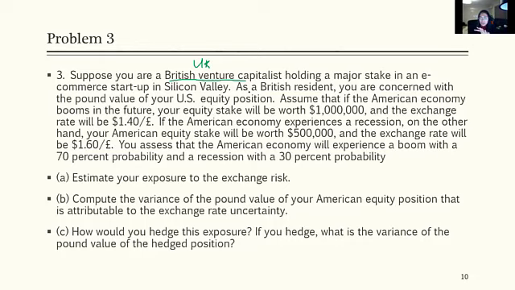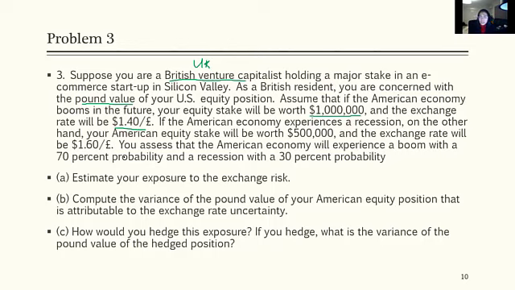So as a British resident, you're concerned with the pound value of your investment in the US. Assume that if the American economy does well, your equity stake would be worth $1 million US, and the corresponding exchange rate in that scenario would be $1.4 per pound. Okay.